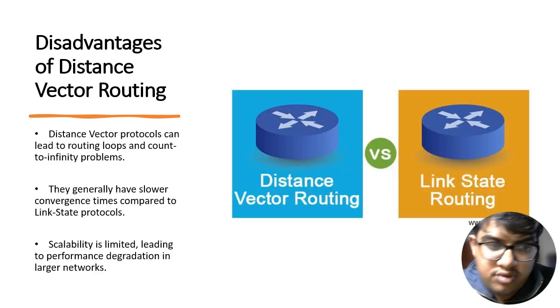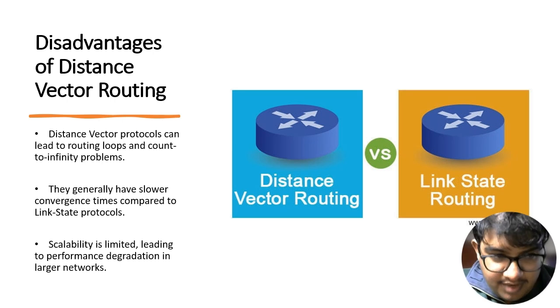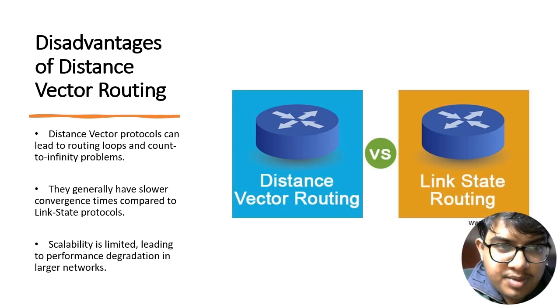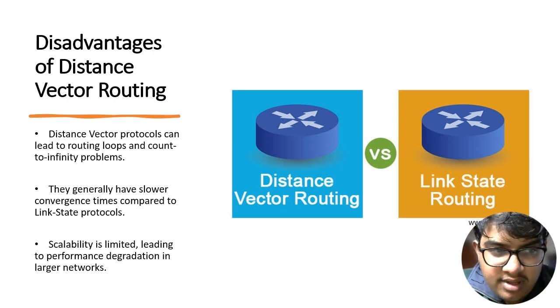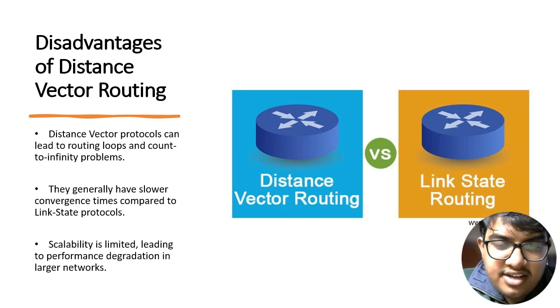So now looking at the disadvantages of distance vector routing. The distance vector protocol can lead to a routing loop, and the count goes off into infinity. That is the first thing, meaning it goes off into a loop, the same numbers keep repeating, it doesn't stop, it goes into a never-ending loop.